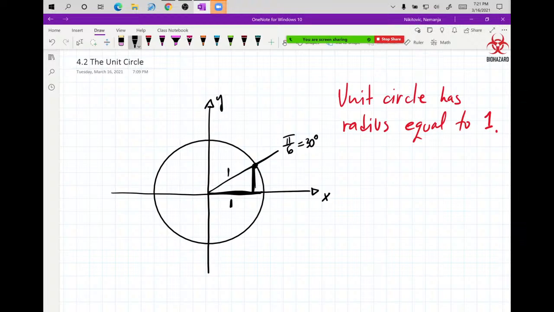Now, we know this is 1 because that's the radius. Now, the bottom is no longer 1. It's something shorter. So we will call that value x value, and we'll call this a y value, which is actually projected here, right?